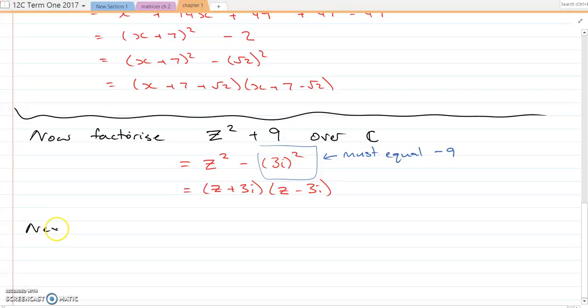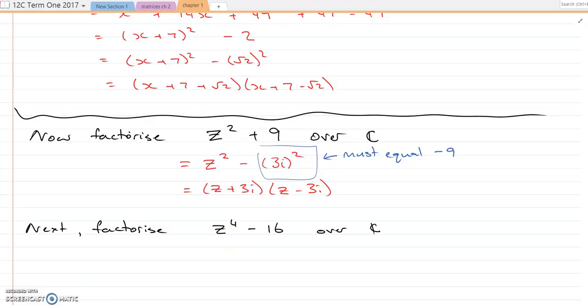Next. Factorize z to the fourth minus 16 over C. Alright, so now we've got a fourth power. Can we use the DOTS rule here? Let's try.